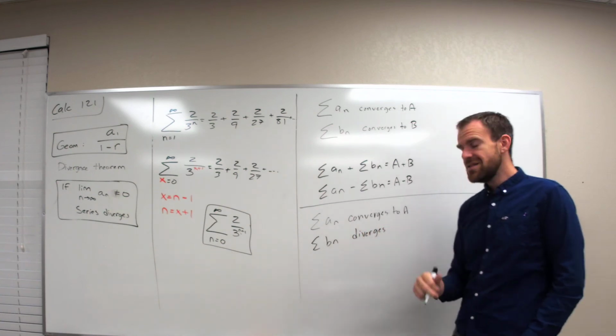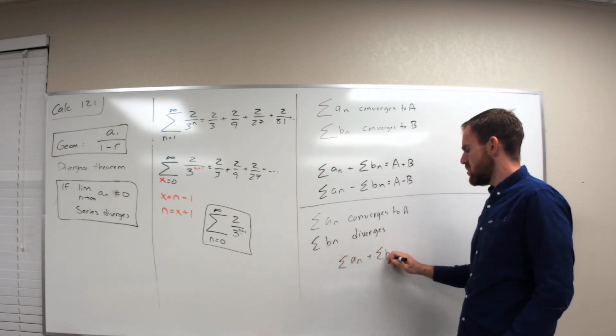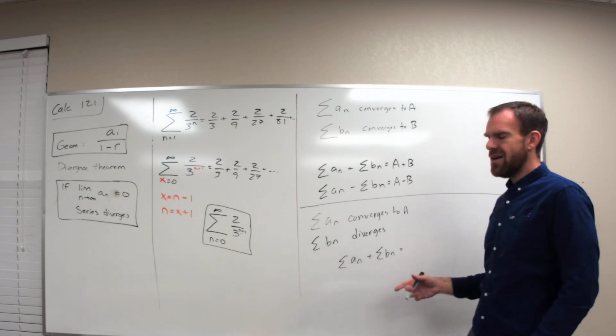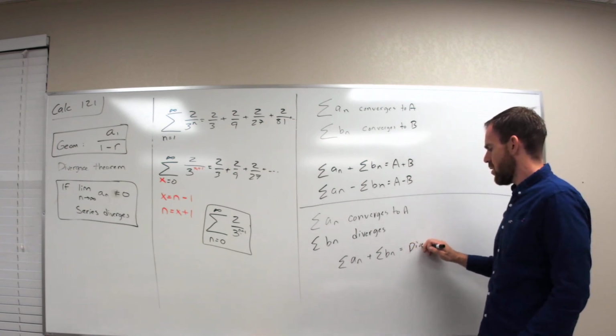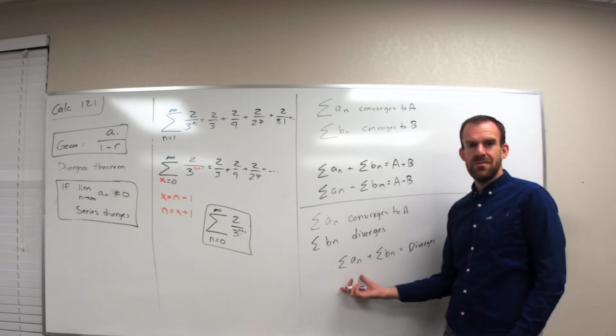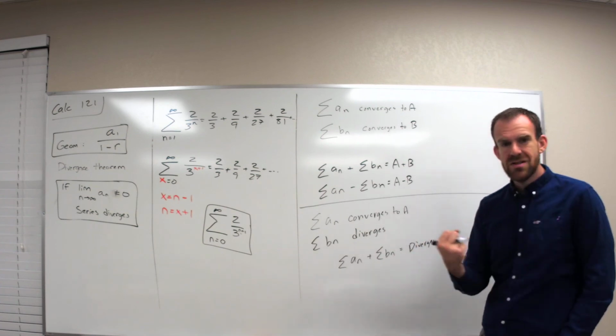Well, when we add these two, then that sum will still diverge. Because this is going to converge to some friendly number. This is just going to keep getting bigger and bigger and bigger. And so it will take over.